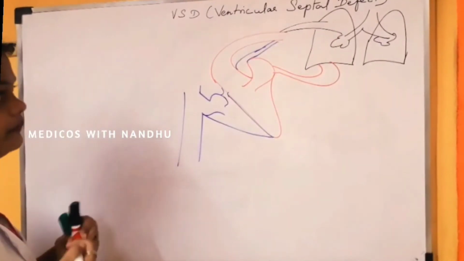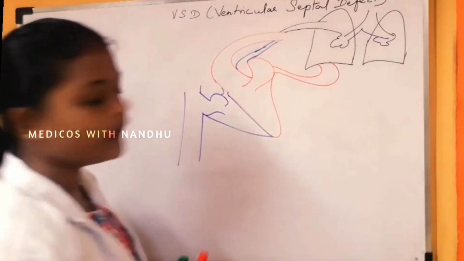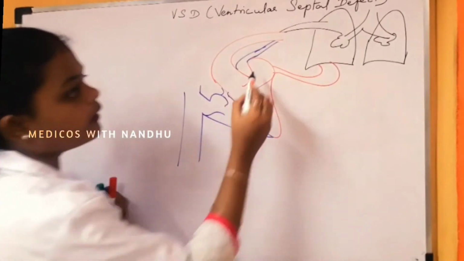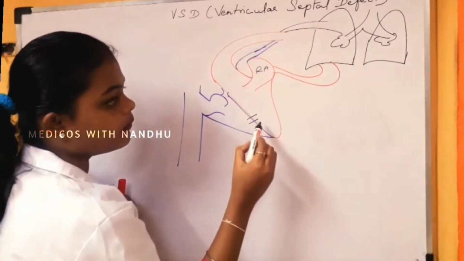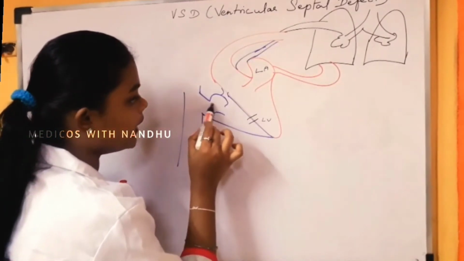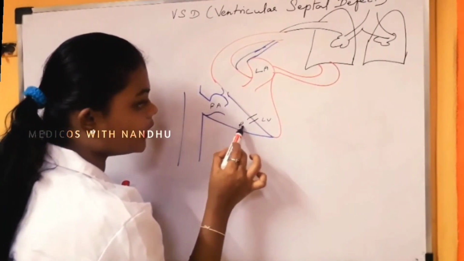Okay, so the shunting will be present here. Here left atrium, left ventricle, right atrium and right ventricle.